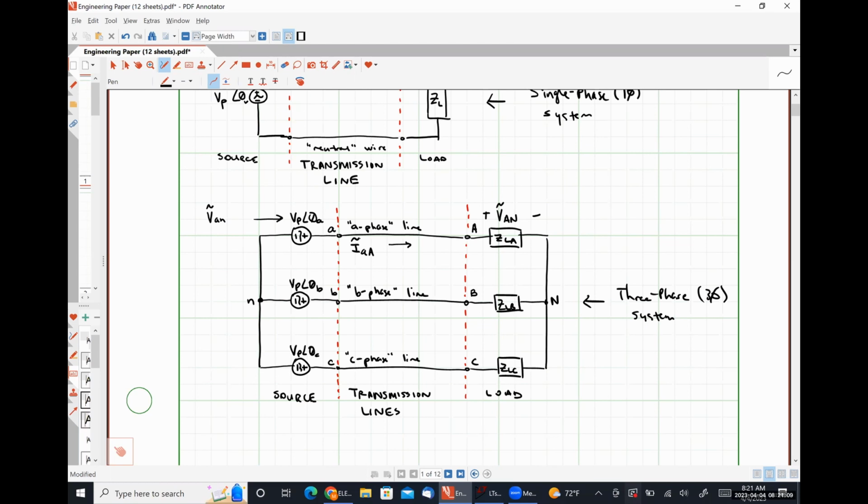All right, so any questions thus far about maybe the differences between single-phase systems and three-phase systems, how we're labeling these voltages and currents, anything like that? One of the hardest parts about this concept of three-phase circuits and three-phase power is literally the jargon and the language that goes along with it.